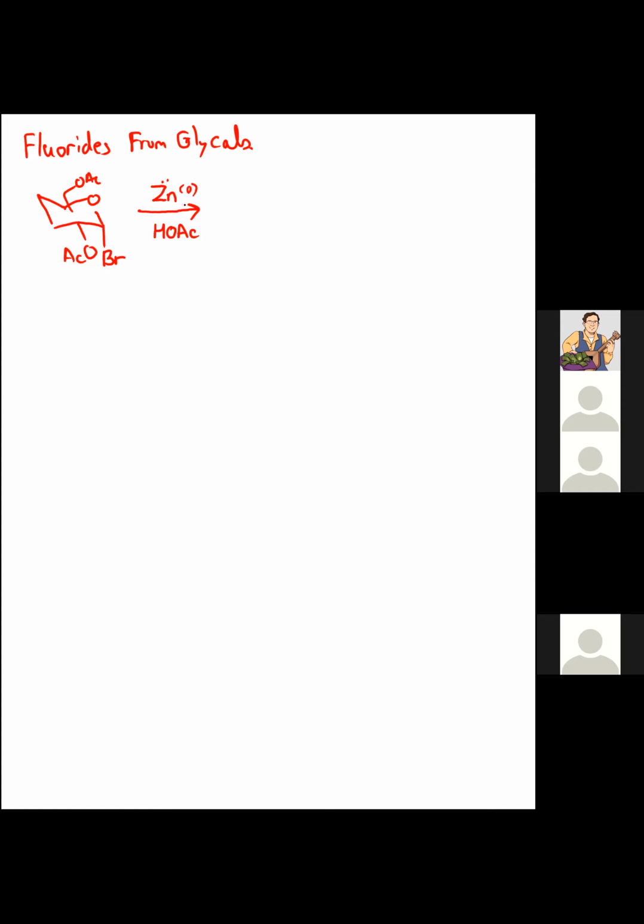Now, I still have trouble with this, because I'm an organic chemist, and to me, metals are electron poor. That is what metals do. And so when a metal is electron rich, I get confused. And this metal is electron rich. So zinc is actually going to act as a nucleophile. And like silver, zinc loves itself some bromine.